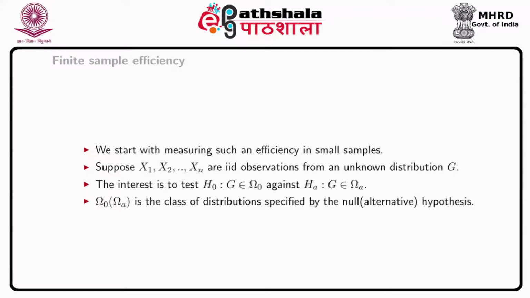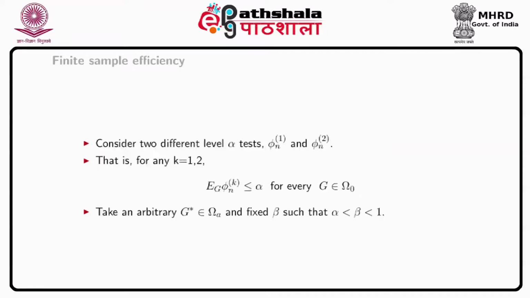Suppose X1, X2, ..., Xn are IID observations from an unknown distribution function G, and our interest lies in testing H0 that G belongs to a subclass of the class of all possible values of G, which we denote by omega naught, against an alternative HA that G belongs to some subset omega A which is disjoint to omega naught.